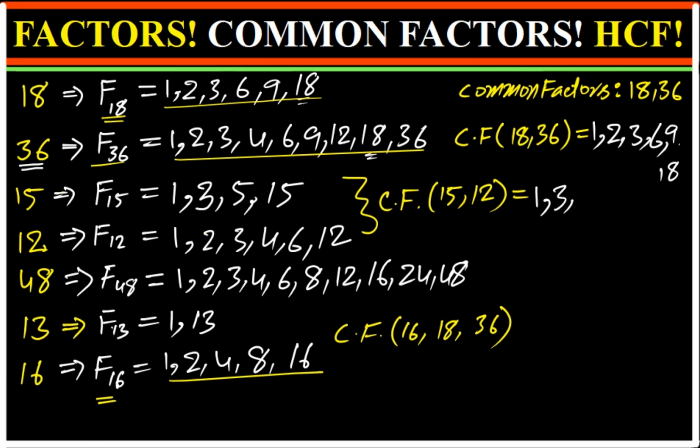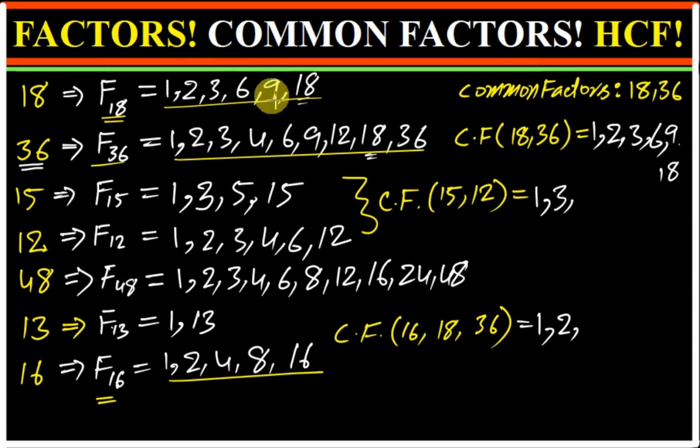Then you choose the common factors. What are the common factors here? You will see 1, then 2 is here, 2 is here, 2 is here. So 2 is common in all 3. Then 3 is here, 3 is here, but 3 is not in 16. So 3 is not common in all 3. Then 4 is not common because 4 is in 16, it is in 36, but it is not in 18. So 4 is not common.